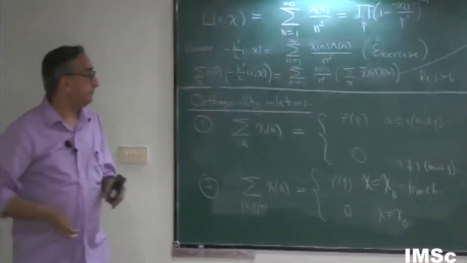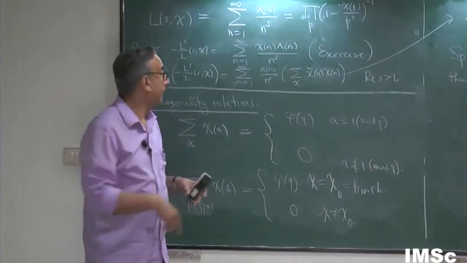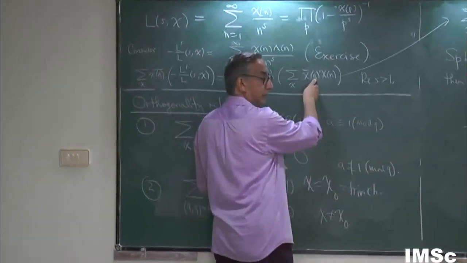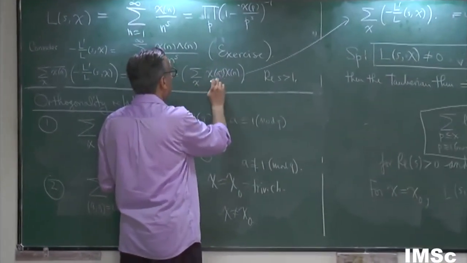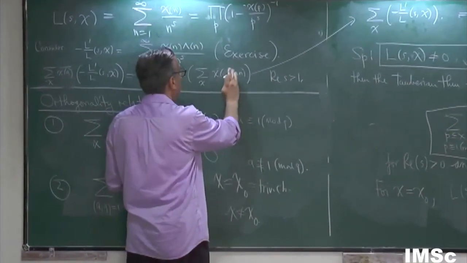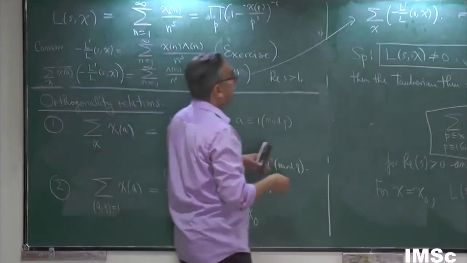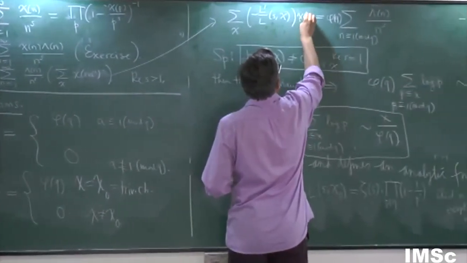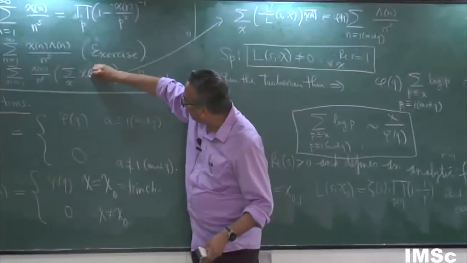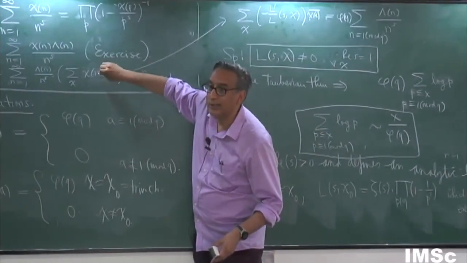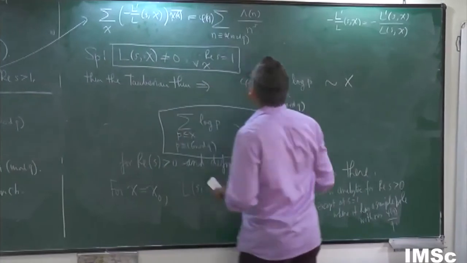Now chi bar of a is chi of a inverse, and this is a homomorphism, so this is chi of n a inverse. And now we go through here again, so I have to multiply by chi bar of a here. And here, it's now whenever this is congruent to 1 mod q, which is the same as n congruent to a mod q. So this is very cute, and now you end up getting this.